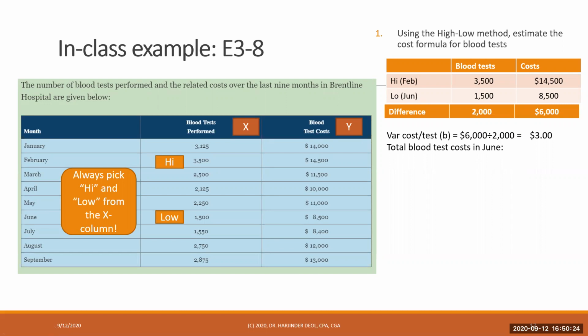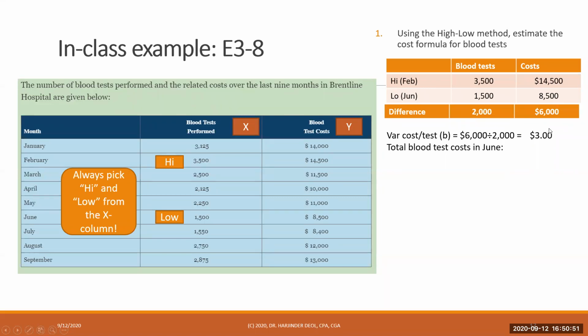So total blood test costs in June. Recall we did 1,500 blood tests. If each blood test has a variable cost of $3, then 1,500 blood tests should have cost us 1,500 times 3, $4,500. But the total cost was $8,500.